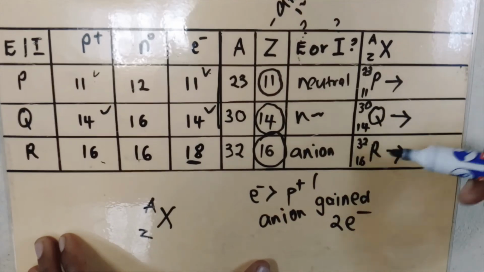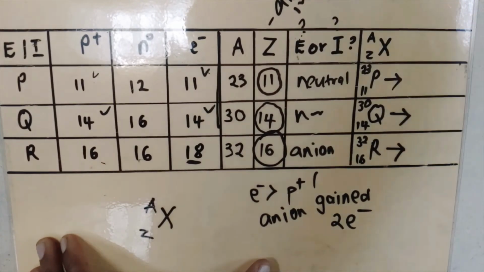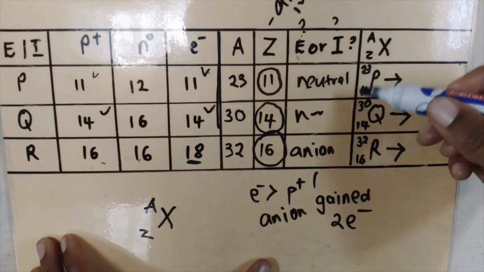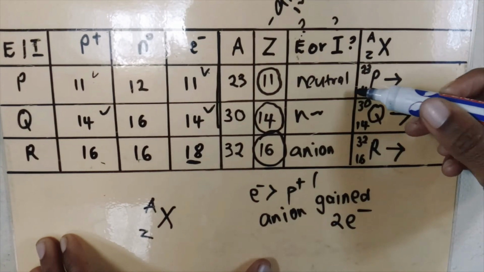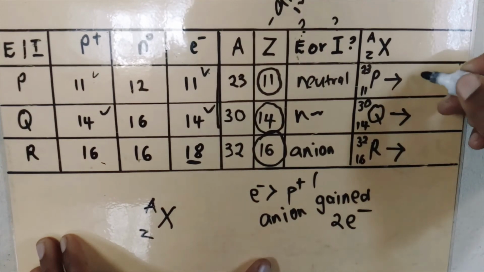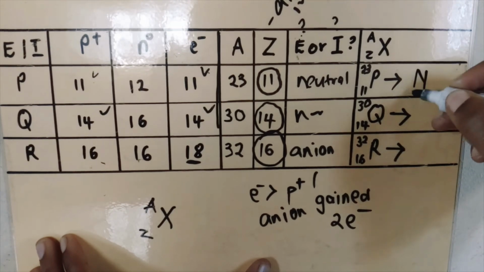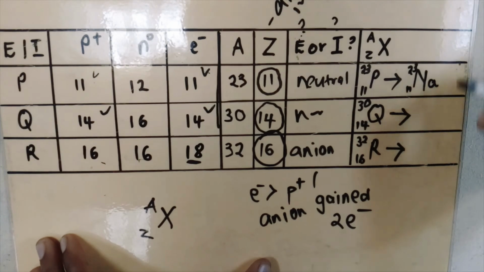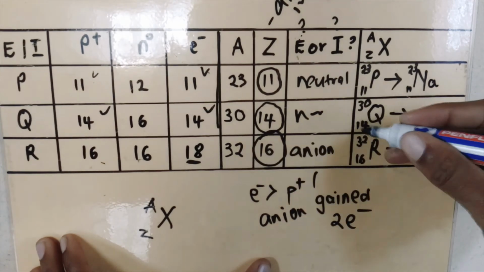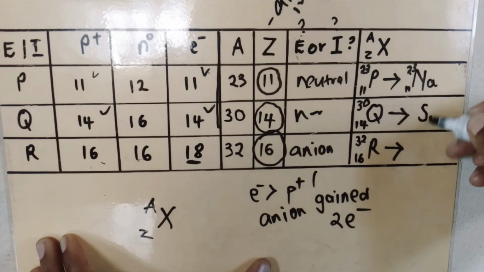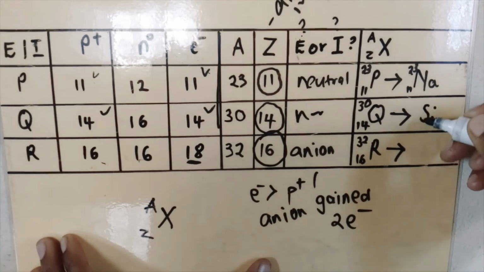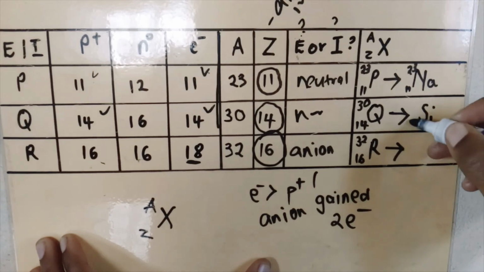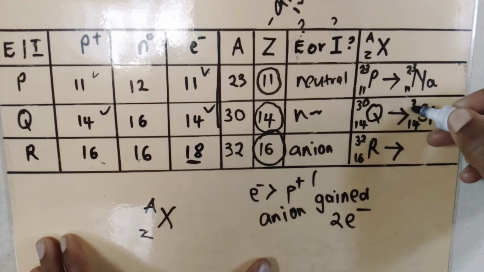We've identified these elements. An element with an atomic number of 11 we found to be sodium, so that will be 11, 23, and that is sodium. An element with atomic number 14 is silicon, and so it has 14, 30.